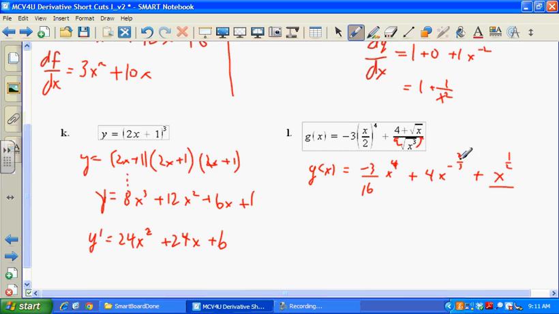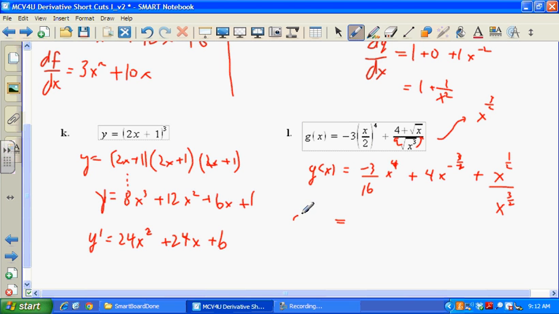This is supposed to be 3 halves, right? This on the bottom here is x to the exponent 3 over 2, and so if I write that on the top with the 4, it should be negative x to the exponent 3 halves. So on the bottom here I have 3 halves, and then 2 exponents divided, so I subtract them.